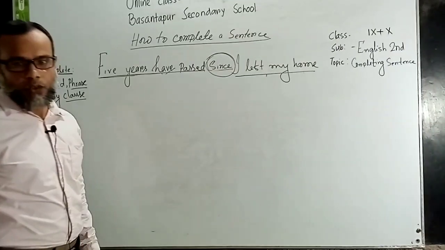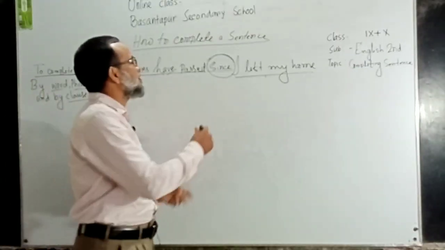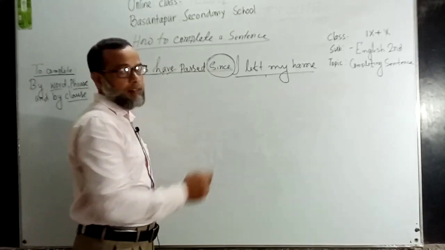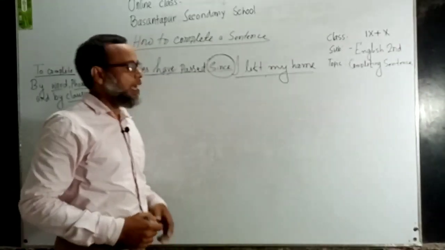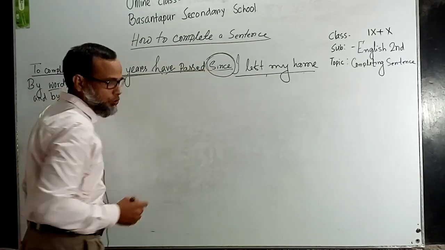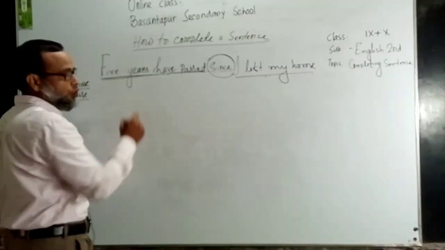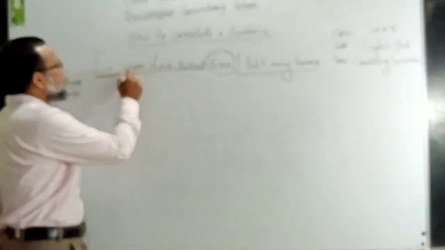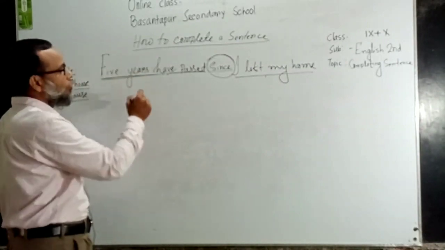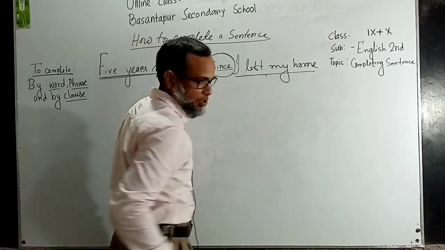There is a rule. When since is used as a conjunction in the middle of the sentence, and the first clause is a time clause, if the first clause is present indefinite tense or present perfect tense, the second clause must be past indefinite tense.